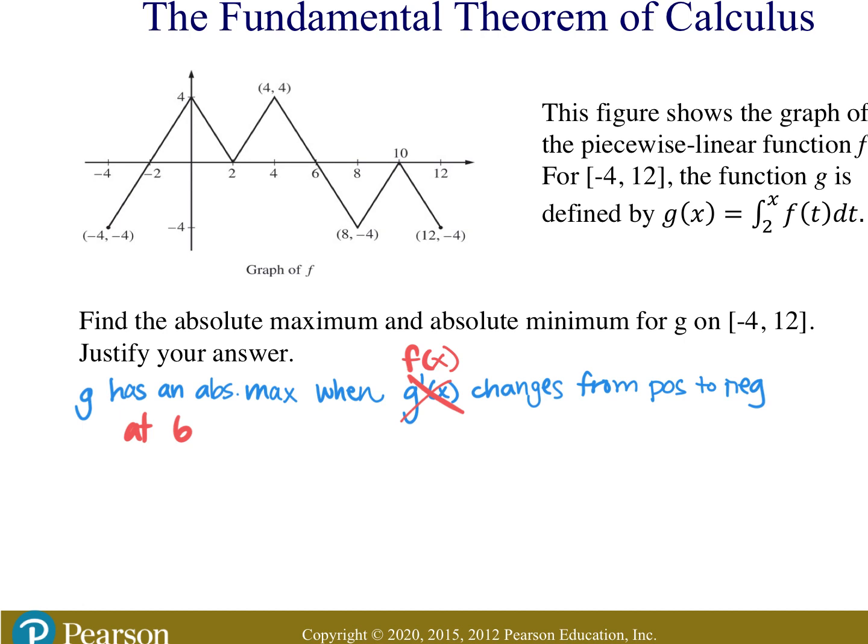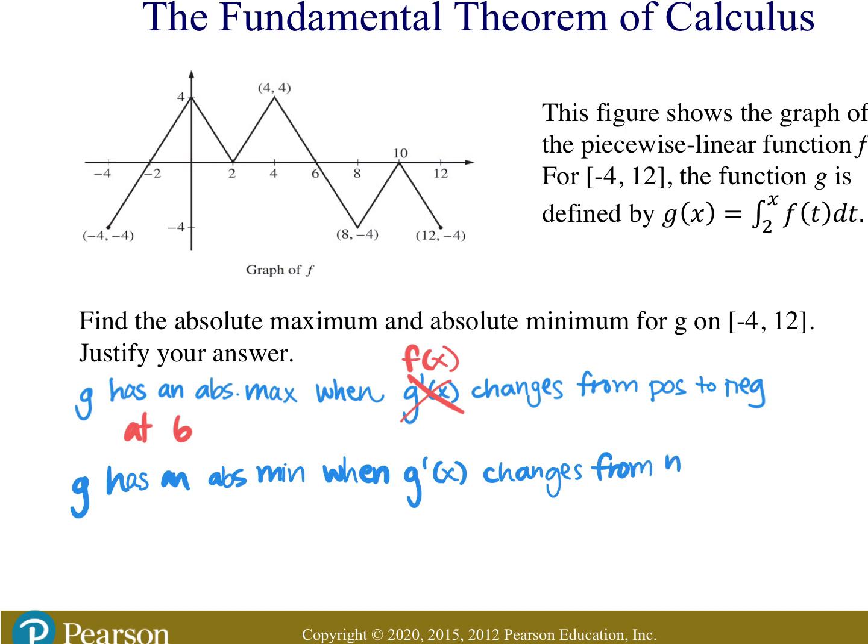All right, what about absolute min? G has an absolute min when G prime changes from negative to positive or is an endpoint. All right, and we know that that is the same as f of x. Is there any place where the graph is changing from negative to positive?